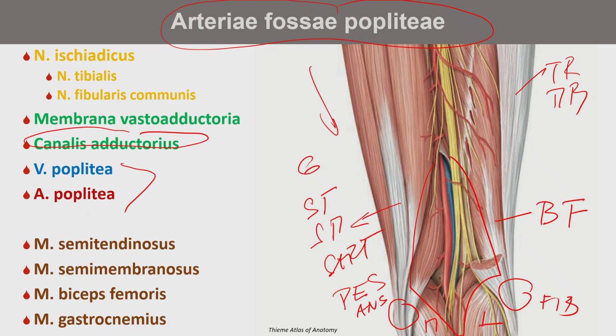And here we can palpate them, and we can touch here the pulse of a popliteal artery. This is the third or second important site of palpation of a pulse when you investigate the perfusion of the lower extremities.